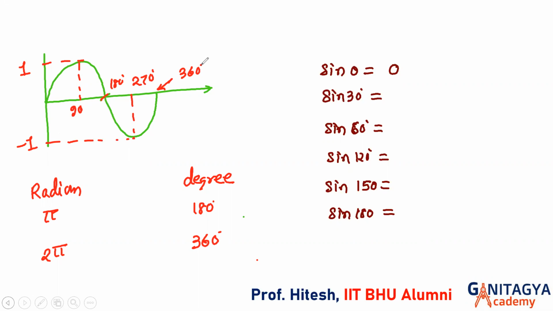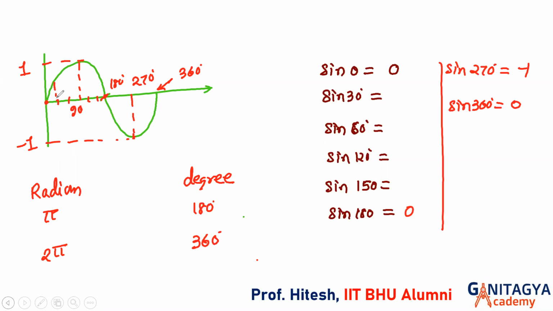First of all, sine 0 is 0, sine 180 again 0, then sine 270 is -1, then sine 360 is again 0. Understood?